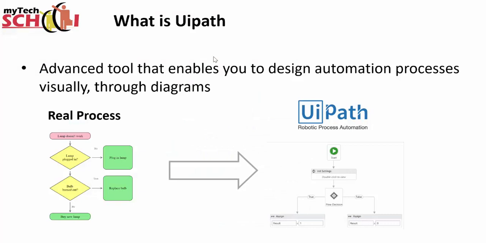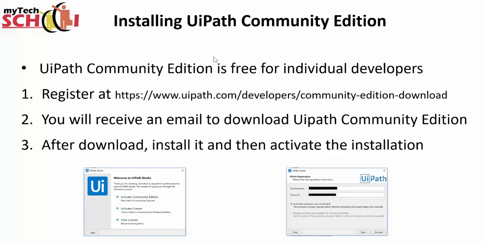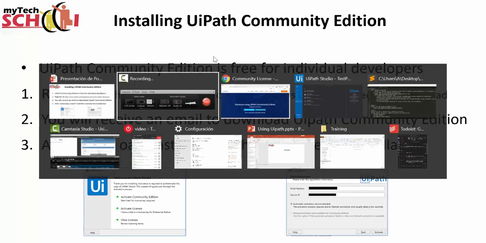So now we are going to enable a new UiPath Community Edition. After downloading and installing UiPath, you need to activate the Community Edition. I'm going to show you how to do it.